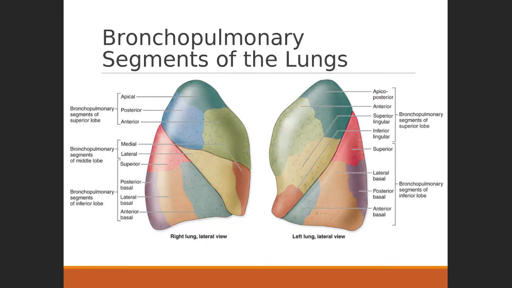Each of those lobar bronchi will then divide up into segmental bronchi relative to how many segments happens to be in that particular lobe. So just to give some relevance to why they are named what they're named.